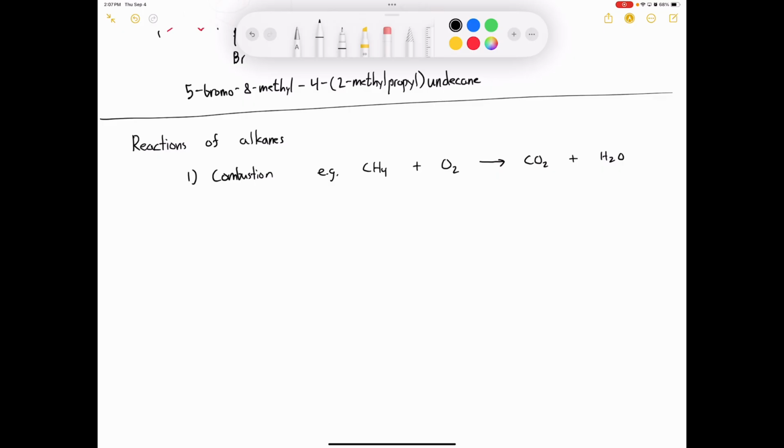Your products are always what? Yeah, carbon dioxide and water. So if we balance this, I think we're done. It won't be methane, that's too easy. It'll be something a little more complicated maybe. But combustion is one of them. The other reaction, we call that number 2, is radical halogenation.